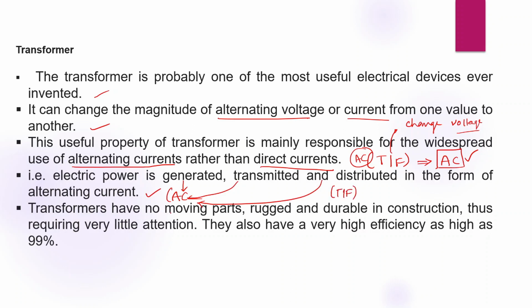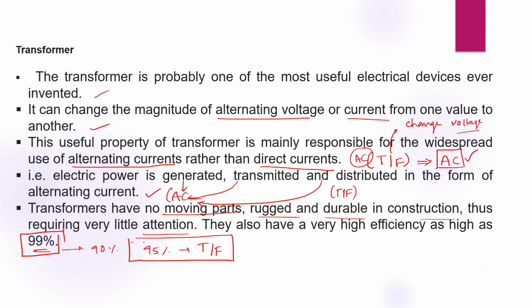Transformers have no moving parts, as I told you earlier, and they are rugged and durable in construction, thus requiring very little attention. They also have a very high efficiency, as high as 99%. The transformer is the device in electrical engineering with more than 95% efficiency. This is the most efficient device among electrical machines.